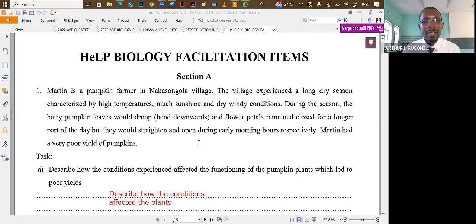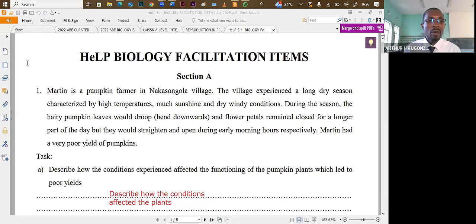And now the task is asking us to describe how these conditions experienced in the village affected how the plants functioned. Where am I going to look for the answers? Always, when you want to go back to review the scenario to get what you're looking for, always start reading from the very first word.